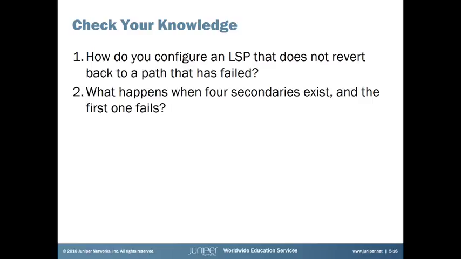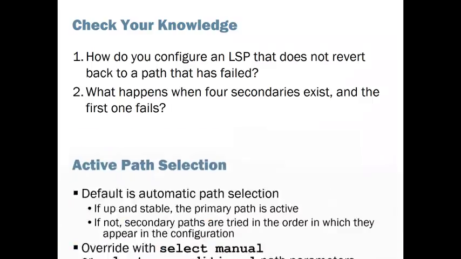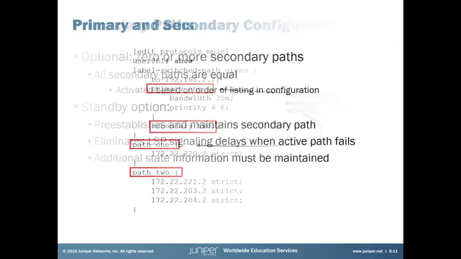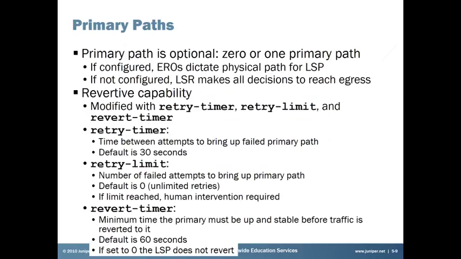Okay, so a few things to check here, what we've discussed so far. How do you configure an LSP that does not revert back to the path that has failed? Well, this comes back to these primary paths here and the little things that we can tweak here. So we've got some defaults, we've got some things we can change.